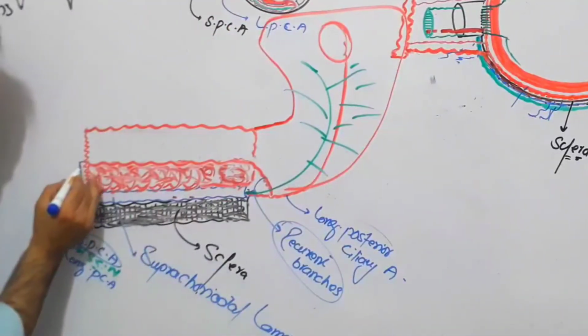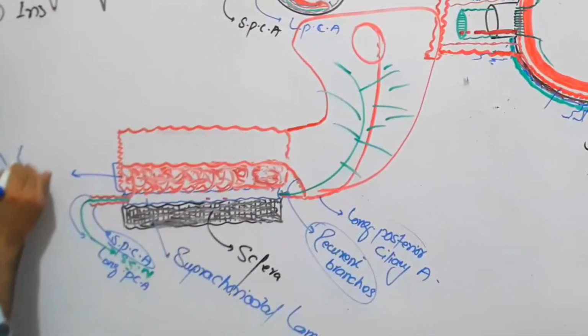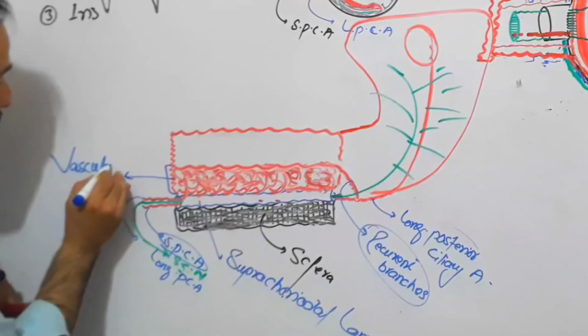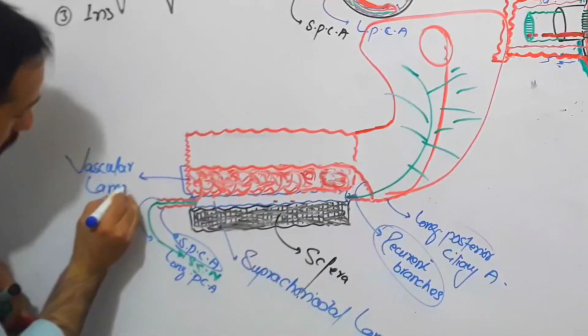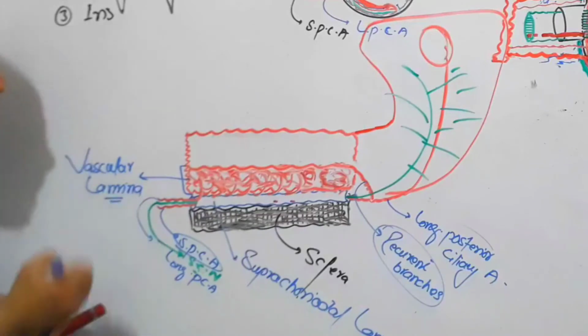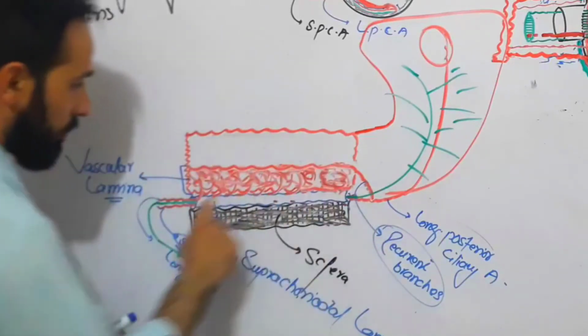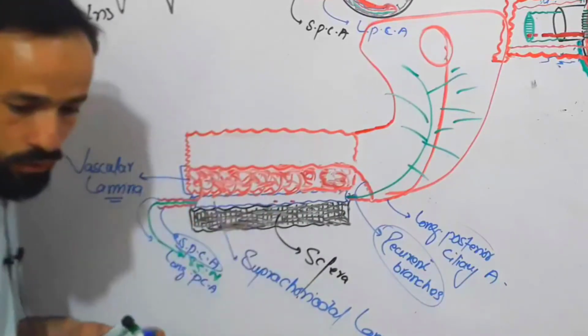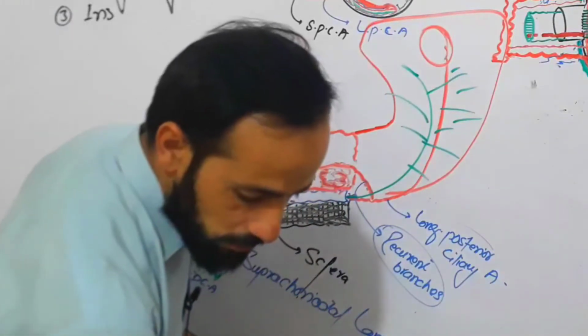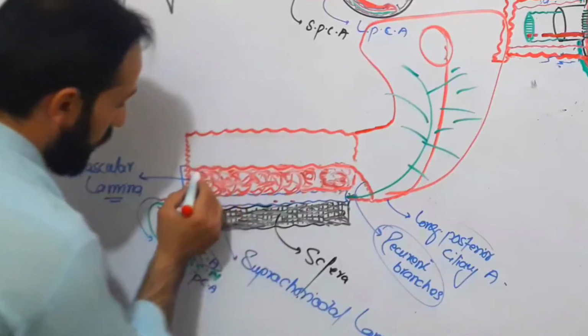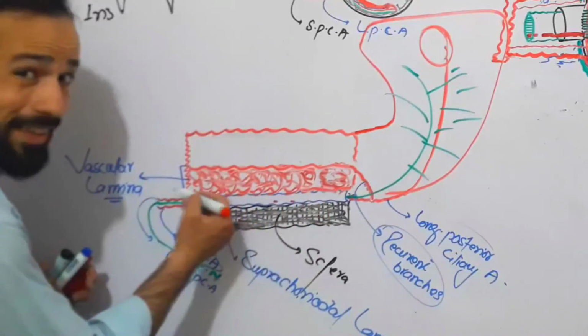of the choroid. So what is this? This is the vascular lamina, right? So the choroidal layer is divided into how many parts? It is divided into the vascular lamina, and then above there are small caliber capillaries from these blood vessels, right?